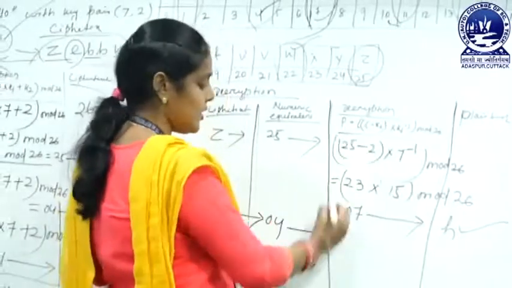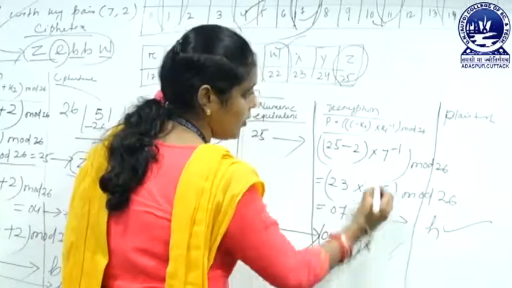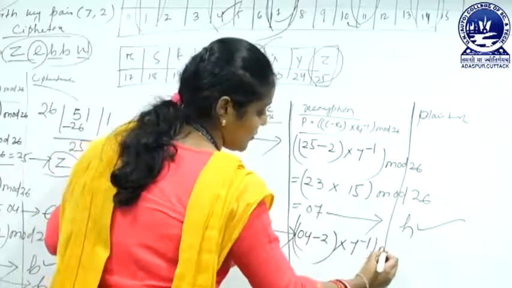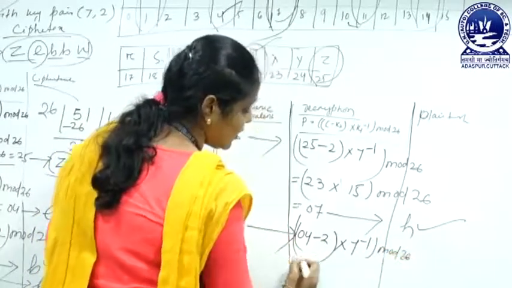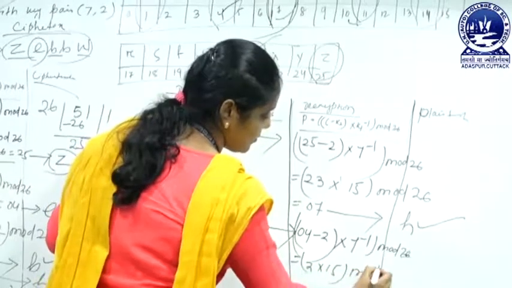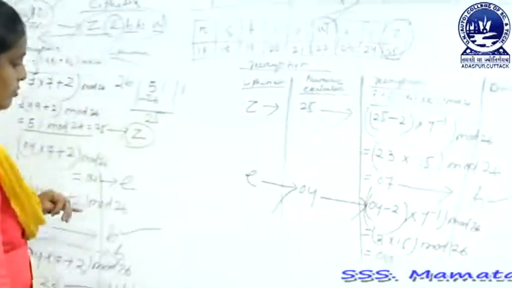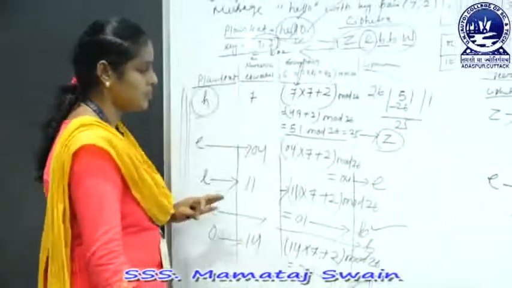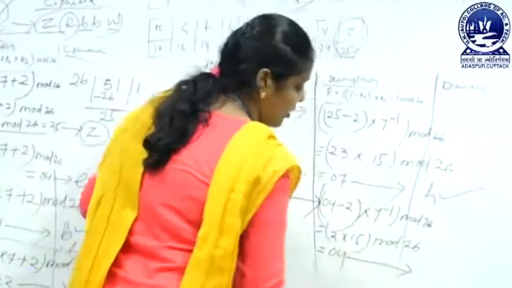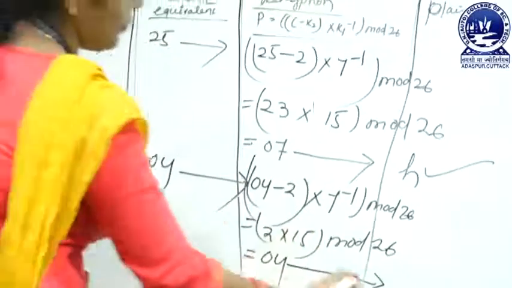Here the value of C is 4, that means 4 minus 2 into K1 inverse, that means 7 inverse mod 26, that is equal to 2 into 15 mod 26, that is equal to 4. Here you find out the alphabetic equivalent of 4. For 4 the alphabet is E.